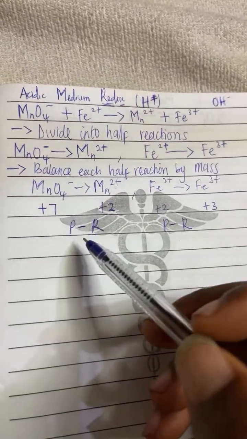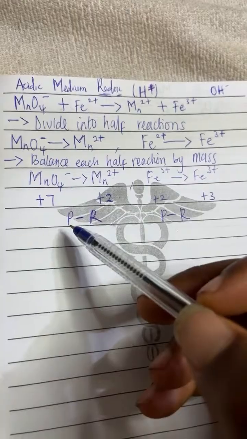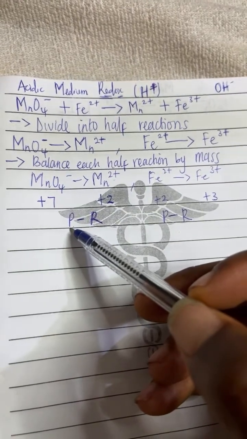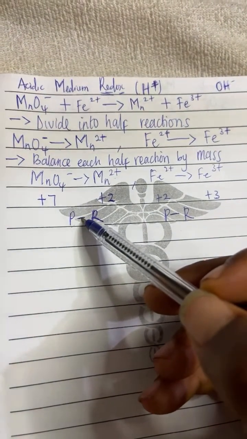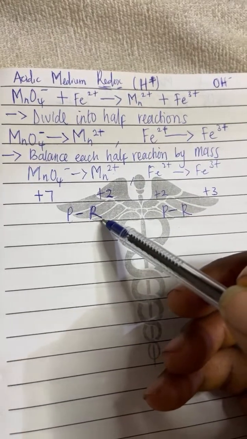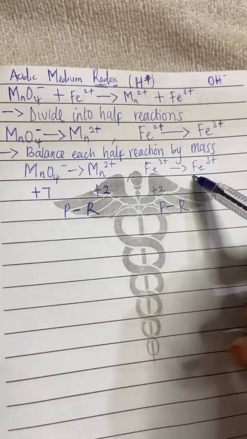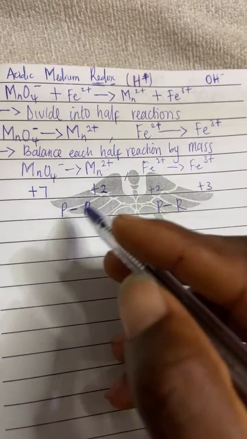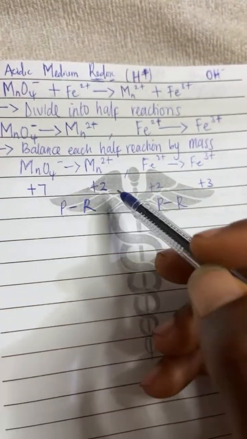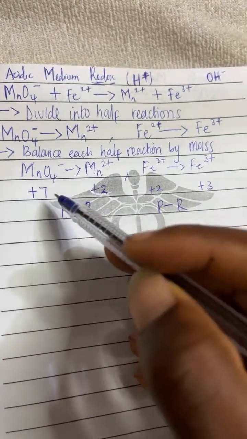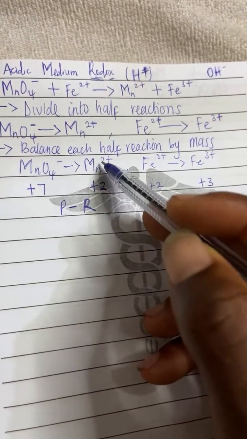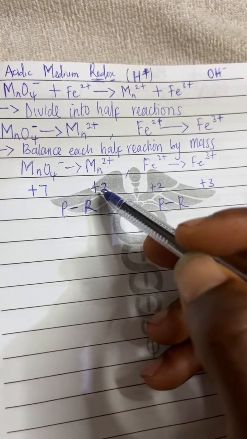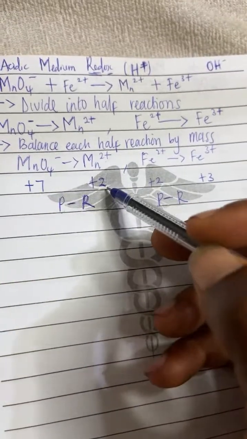So now what you do is that you are going to subtract the oxidation number at the product side minus the oxidation number at the reactant side. You are going to do it for both half reactions. So here you are going to have something like 2 minus 7, right? Because this is the product.